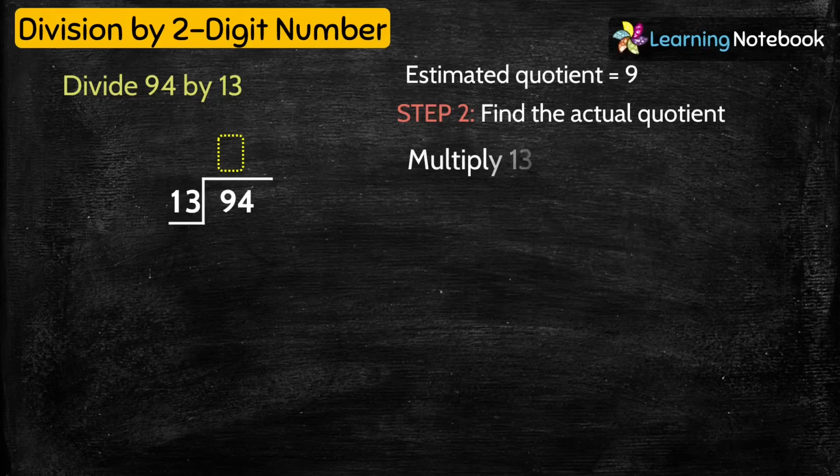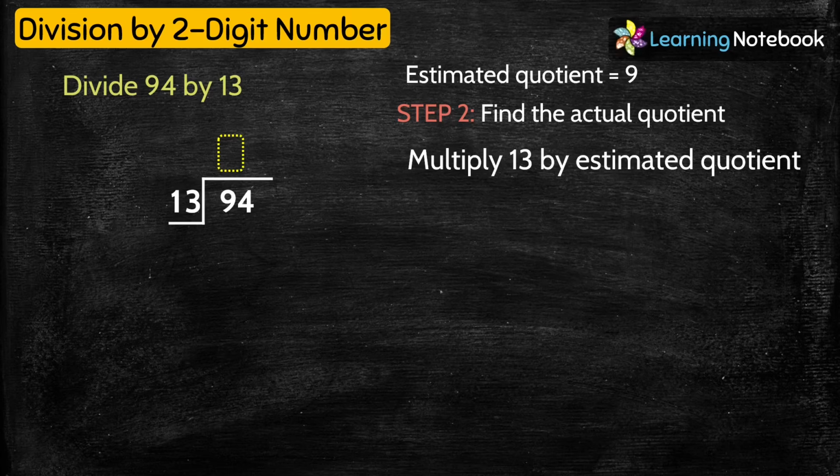On the basis of this estimated quotient, let's find the actual quotient. For this, we will multiply 13 by estimated quotient, that is 9. We get 117. But 117 is greater than 94.